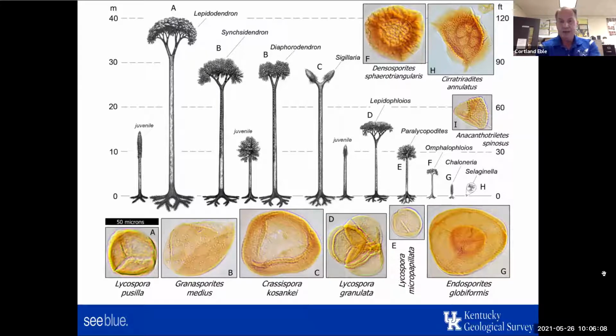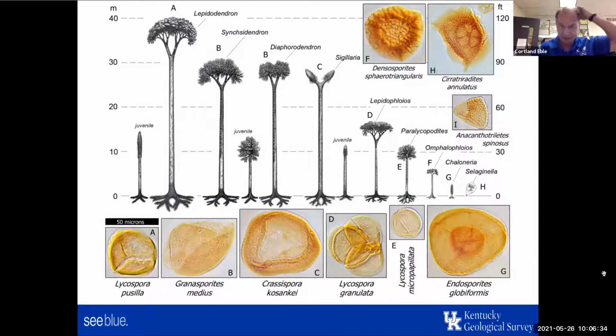And then you get into a subarborescent lycopod we call Omphalophloios, which curiously was named by David White back in 1898. And it's always perplexed me that I've never seen mention of it in the American paleobotanical literature since, although it does crop up in the European literature.